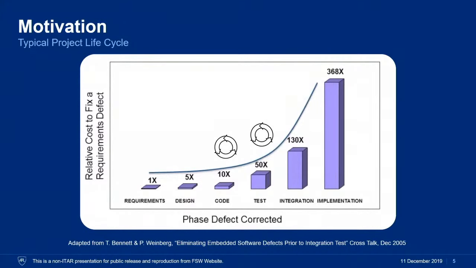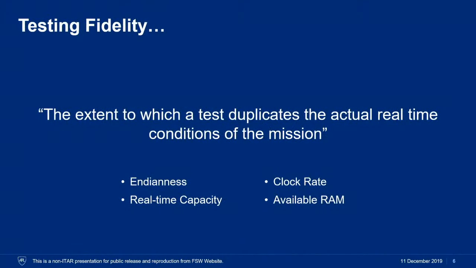So in order to provide this development infrastructure for flight software developers to develop their code and test it often, we needed to create different types of development environments, right? And someone had previously mentioned that these different development environments come with different levels of fidelity. And so I just wanted to briefly say that what I mean by fidelity is just how close we are to duplicating the actual real-time conditions of the mission, right?